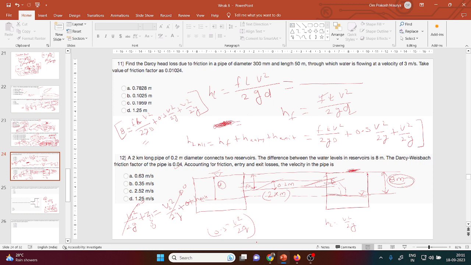D is given 0.2, plus 0.5 into V square, plus V square.